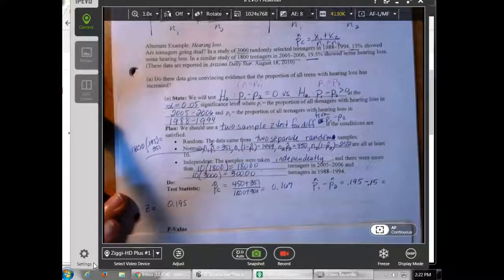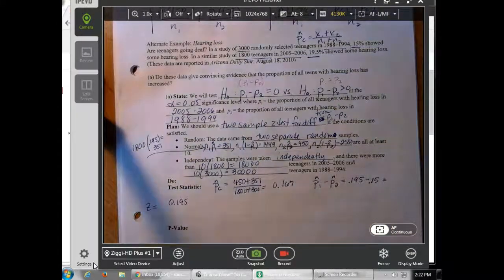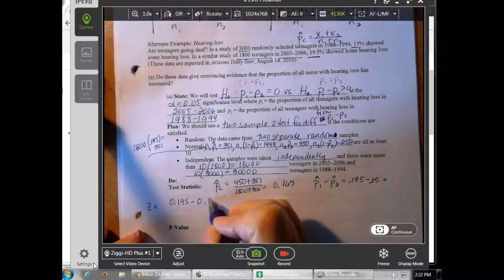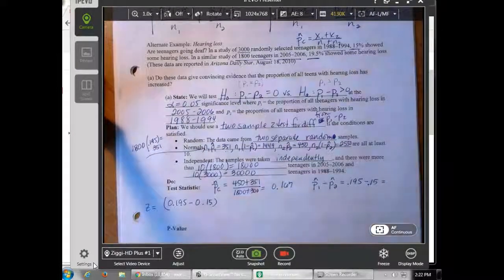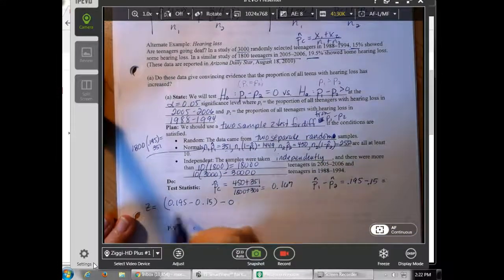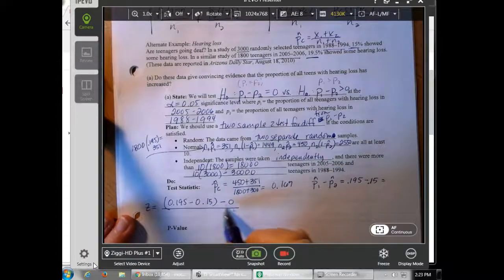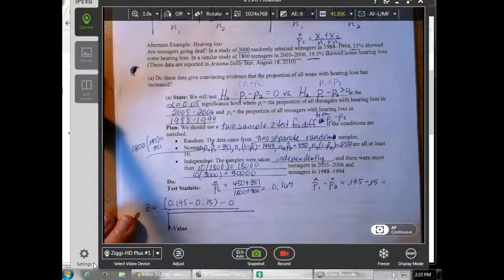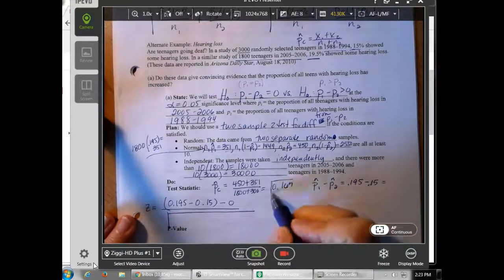All right, so let's use our formula. Let's set it up. So z is going to be p hat sub 1, which is 0.195 minus 0.15. And these are just given in the problem. And that will be subtracting 0, because the claim is that there is no difference. So this is always the hypothesized value, all over the square root, and I have to use my combined p hat here.